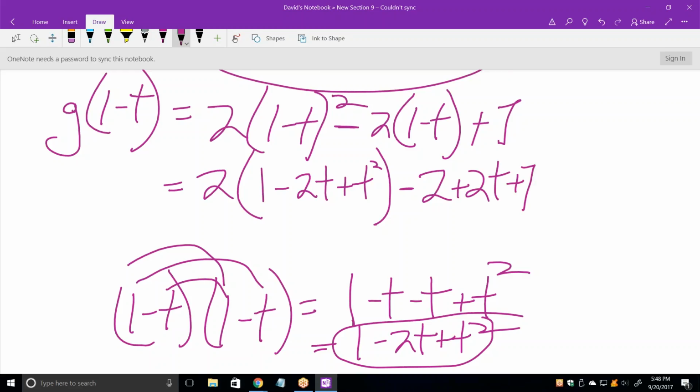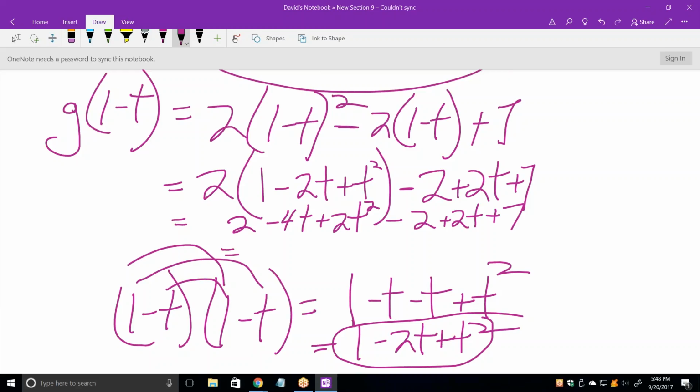Now we just have to distribute this and simplify that. So now distribute the 2. What do you get? Okay, so we get 2 minus 4t plus 2t squared, minus 2 plus 2t plus 7. Now simplify that.